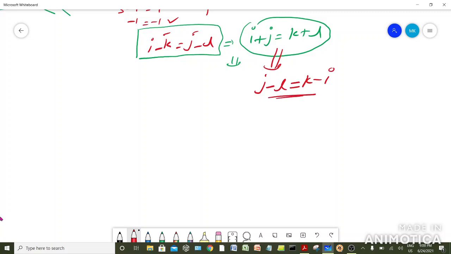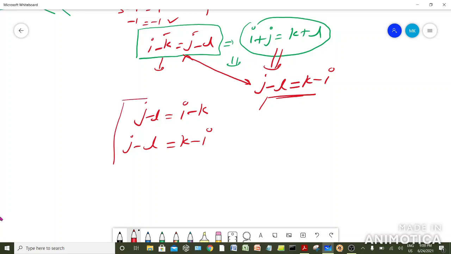Yes. Now look at these two equations. Suppose this is equation number 1, and we can write j minus l is equal to i minus k, and this is the second one. We can again write j minus l is equal to k minus i. So these are our two final expressions.